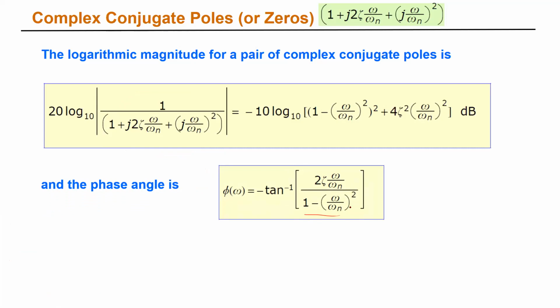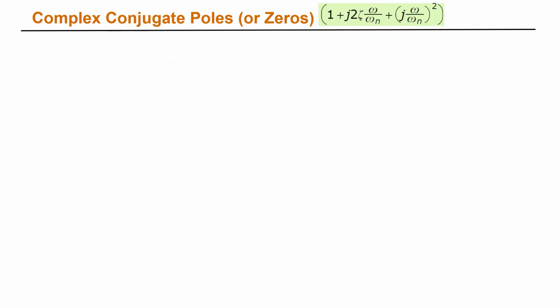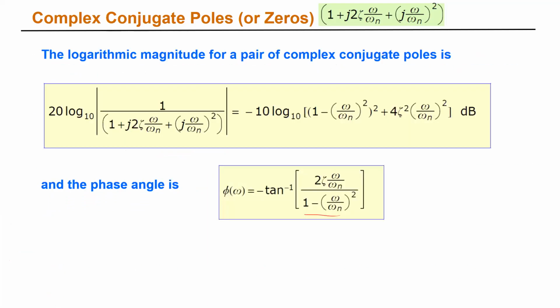Yes. Okay. Now let me go back to the approximation. I want to do the approximation here. As I said, I want straight line approximation. So let omega over omega n be much smaller than 1. What will happen to this term?